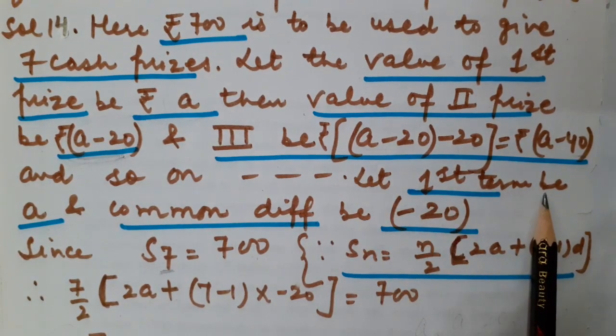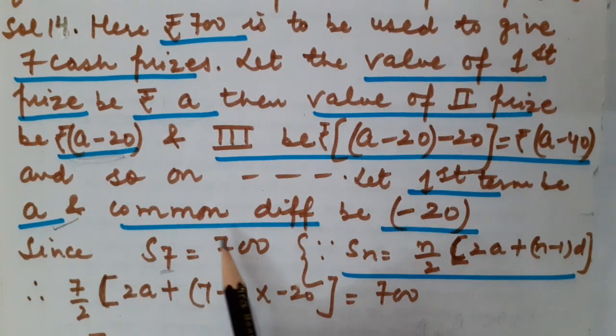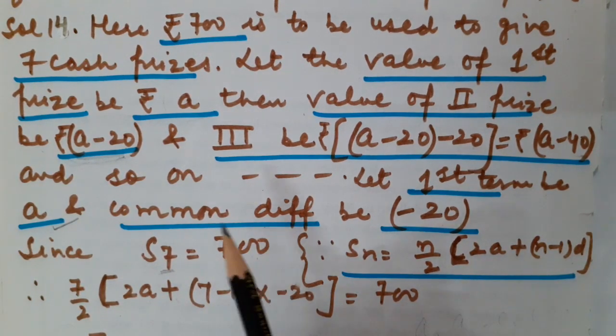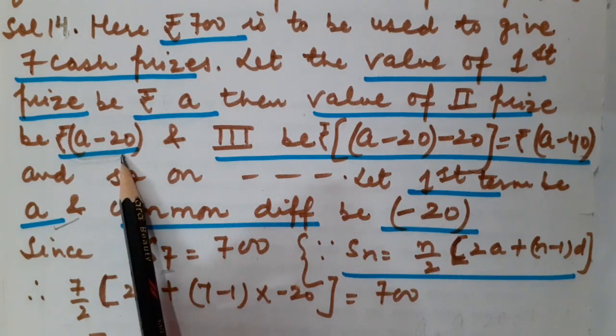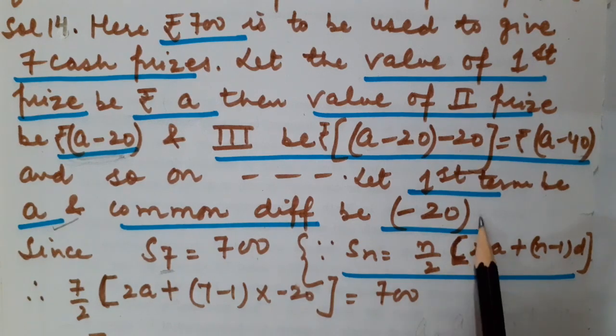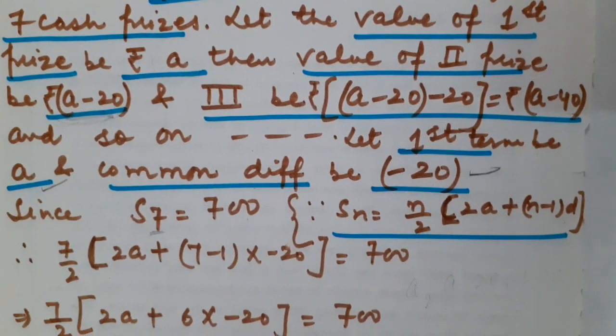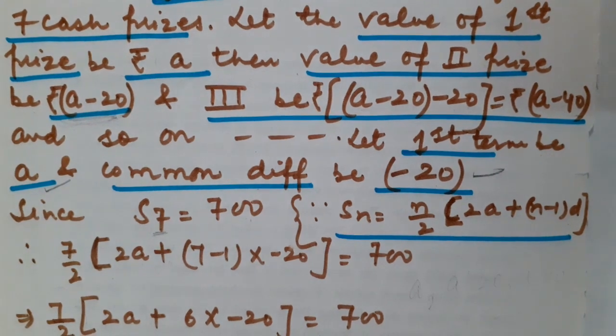Now what is the very first term? First term is of course a, which was the very first cash prize. And how to calculate the common difference, children? It would be a minus 20, this is term number 2, minus a. So it would become minus 20.